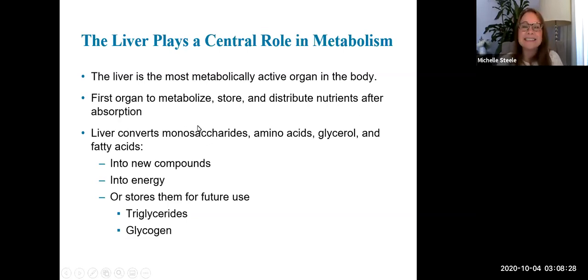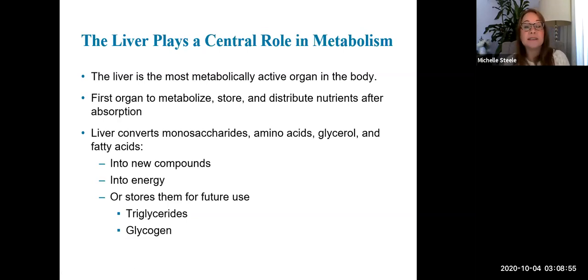I always like to say the liver has a lot of hats to wear. It's a very important organ. It's going to take the energy yielding macronutrients that we consume, like the monosaccharides in carbohydrates, the amino acids in proteins, and the glycerol and fatty acids in fats, and either convert those nutrients into new compounds.